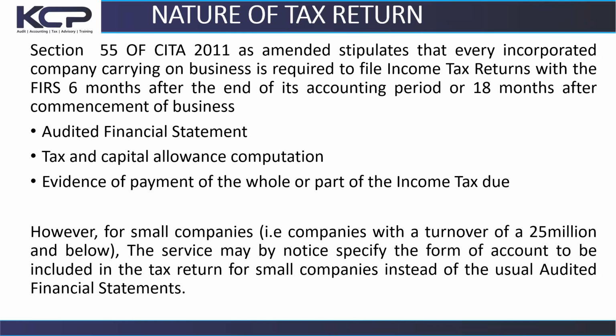So if your company prepares their accounts to 31st of December of every year, what that implies is that for the accounts year ended 2021, you are expected to file the tax returns not later than 6 months after the year end. So 6 months after 31st of December 2021 definitely is not later than 30th of June of 2022.